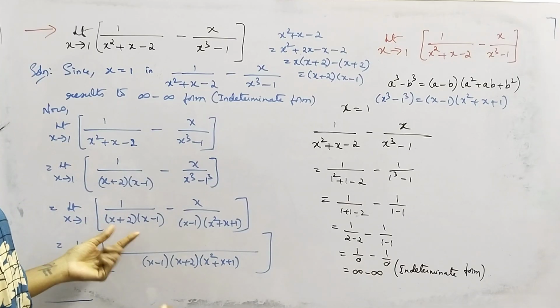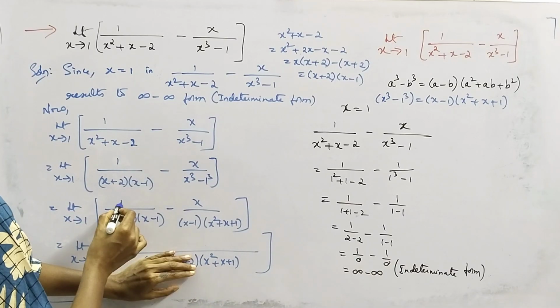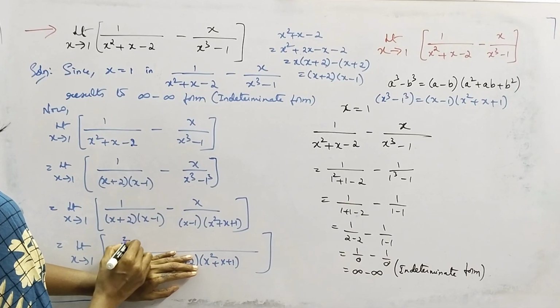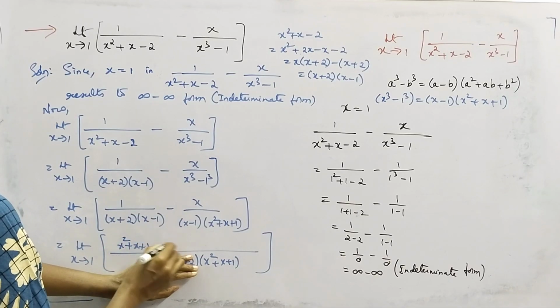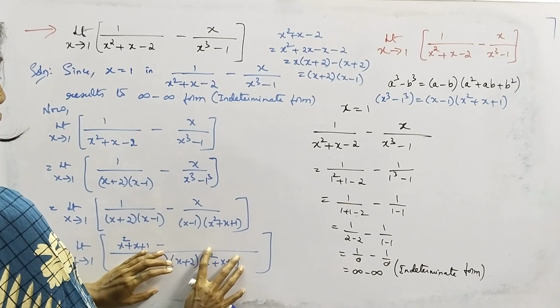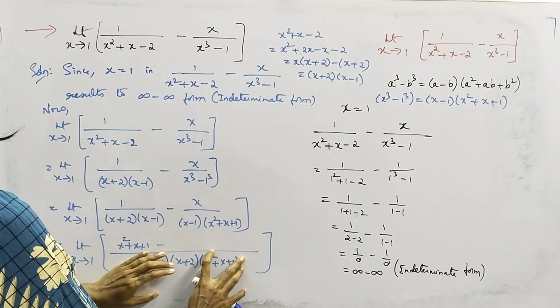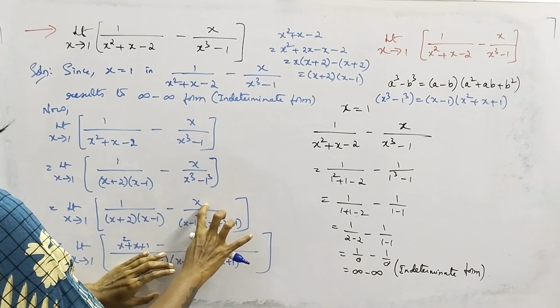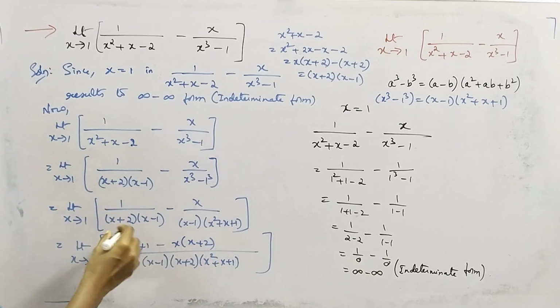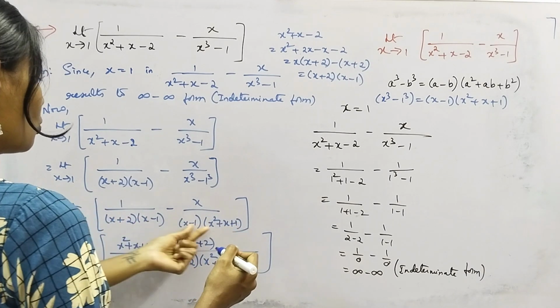So in the denominator of the first term you're having these two. Multiply this term to this 1, you'll get x square plus x plus 1. Minus, here you are having x minus 1 and x square plus x plus 1. So multiply this x plus 2 to this numerator, you'll get x times (x plus 2). If you want, I'll show you the LCM of these two terms, okay?